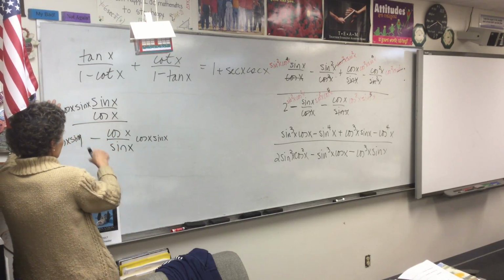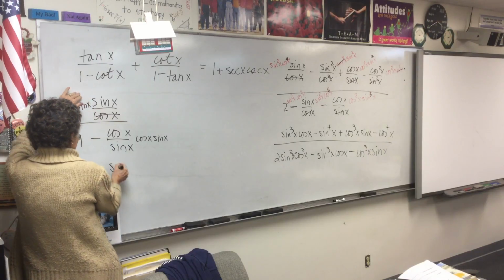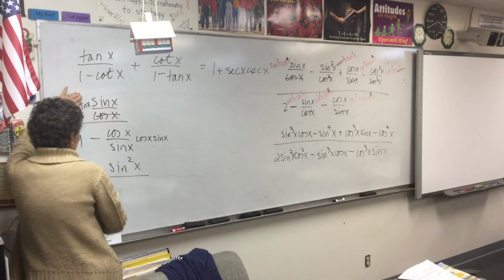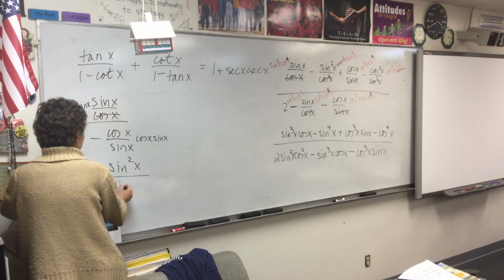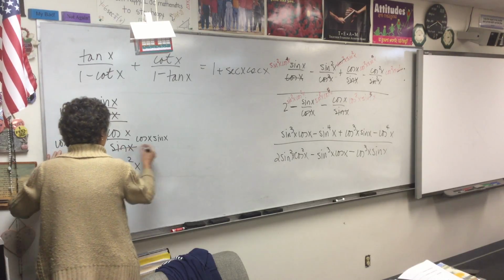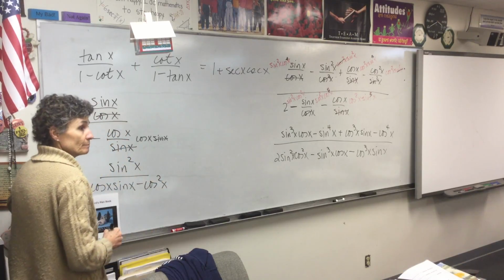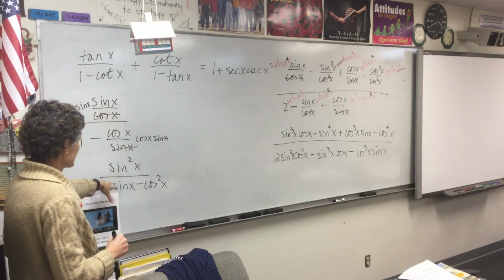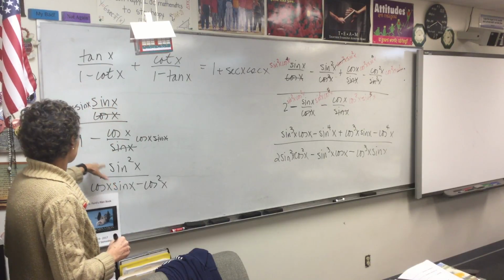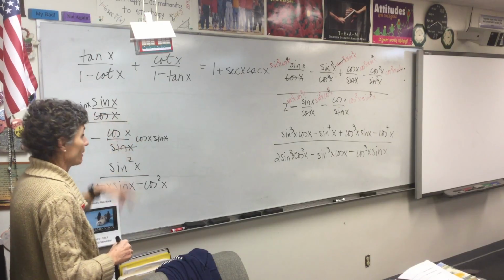So my numerator turns out to be sine squared, and my denominator turns out to be cosine sine minus cosine squared. You okay with that? That's just this fraction. I multiplied everything by cosine sine and canceled out the stuff that cancels.